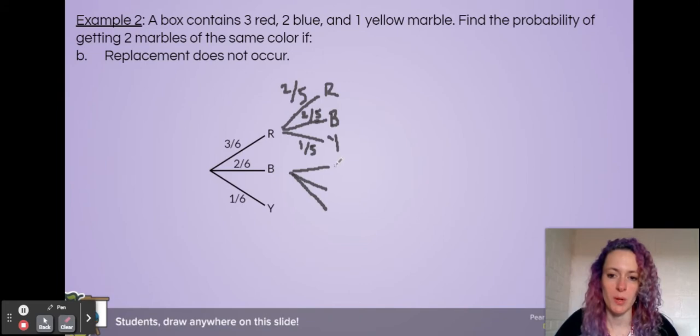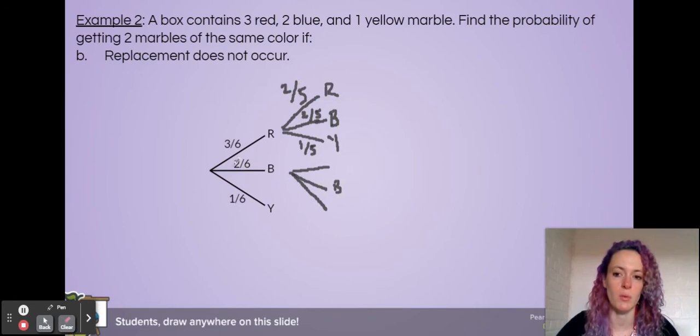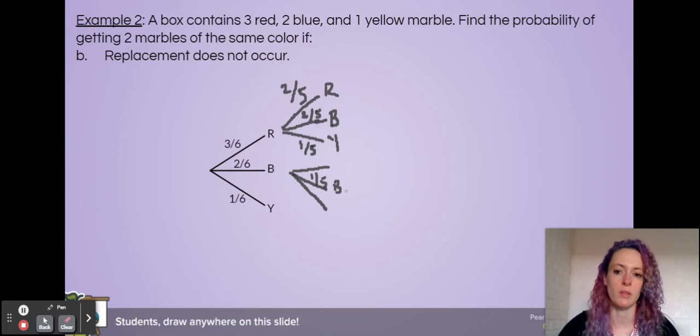So from my blue marble, I'm going to start with my blue in my second pull of probabilities. Just like my red, both my numerator and my denominator will decrease by 1. I already pulled one of the 2 blue marbles, so I'm only down to 1 left. And again, I kept it out, so that means I only have 5 marbles left in the bag.